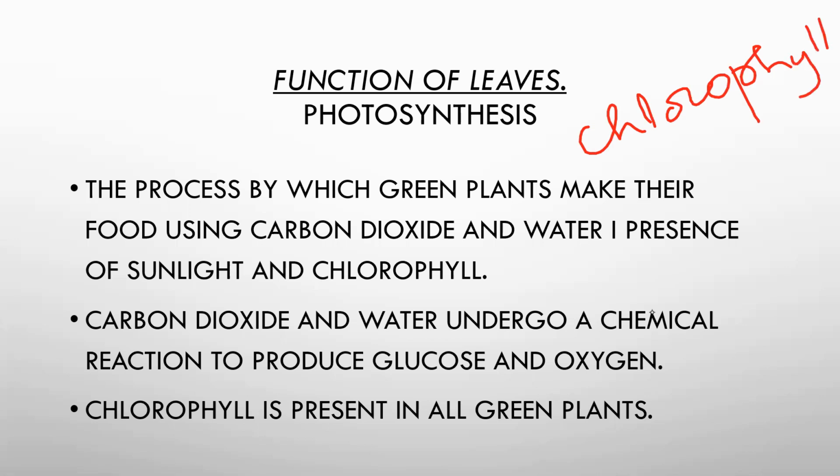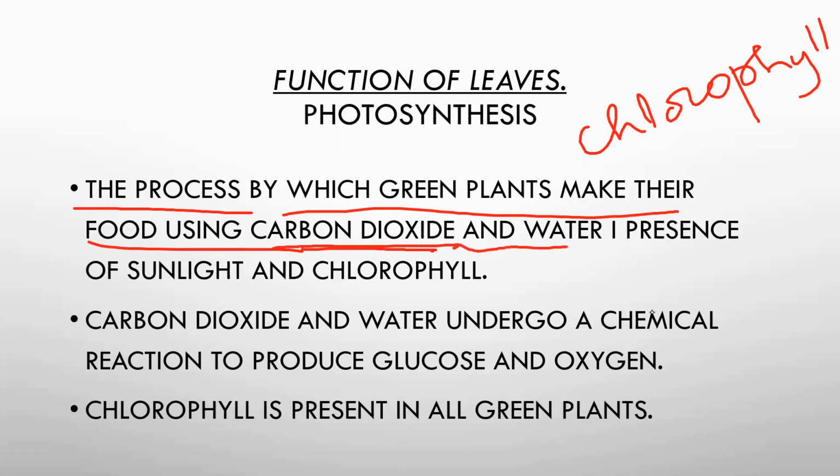Now, what is photosynthesis? Photosynthesis is a process by which green plants make their food using carbon dioxide. They take carbon dioxide from the atmosphere and water. Water will be absorbed from the soil through the roots. This is in the presence of sunlight and chlorophyll.